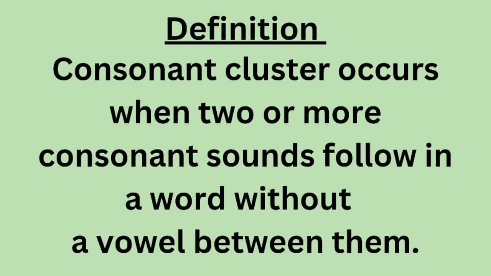Consonant clusters occur when two or more consonant sounds follow each other in a word without a vowel in between them. In other words, consonant clusters refer to sequences of two or more consonants that occur together within a word without any intervening vowel sounds.